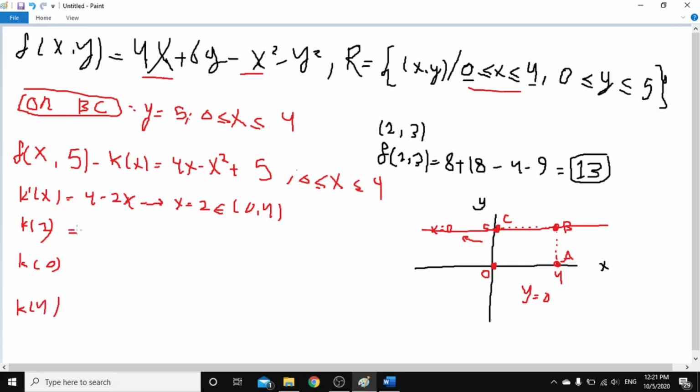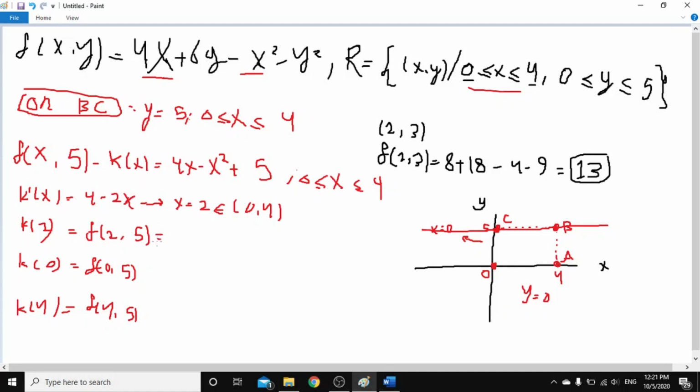Okay, so from here we write k of 2 is going to equal f of 2 comma, and the y is going to be 5 here, and 0 here is the same. We say f of 0 comma 5, and here f of 4 comma 5.